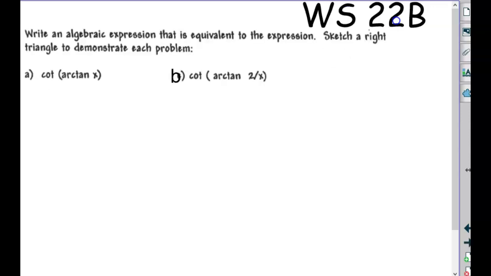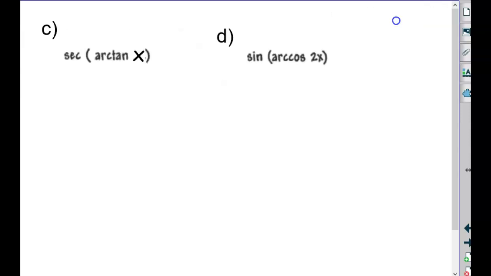What does the worksheet look like? But did I change the question too? Yeah, it was arctan 4x. 4x, not 4 over x? Just 4x. Okay. So I made it this. And it's still secant though?